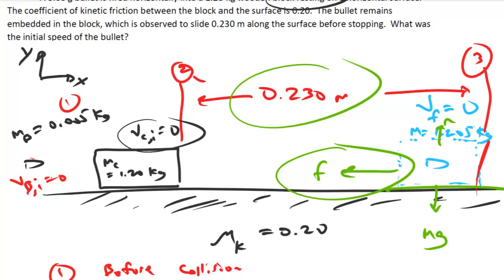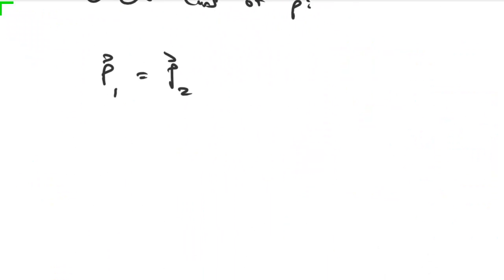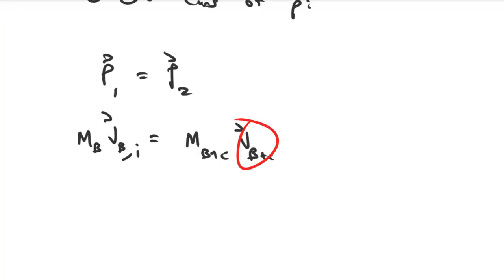And so the momentum of the system was just the momentum of the bullet originally, right? So this is basically the mass of the bullet times the initial velocity of the bullet is equal to the mass of the bullet plus crate times the velocity of the bullet plus crate, right? But this is v2.